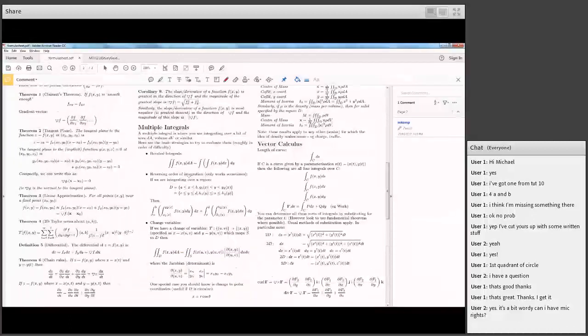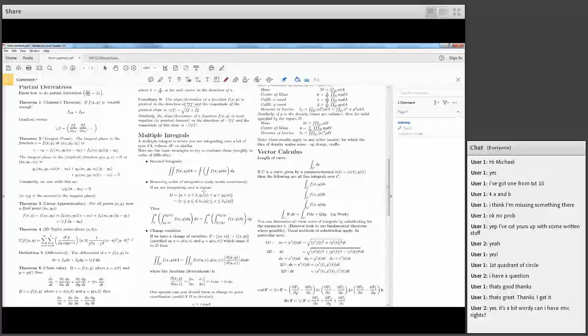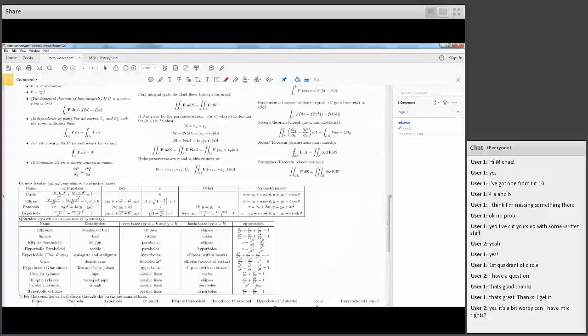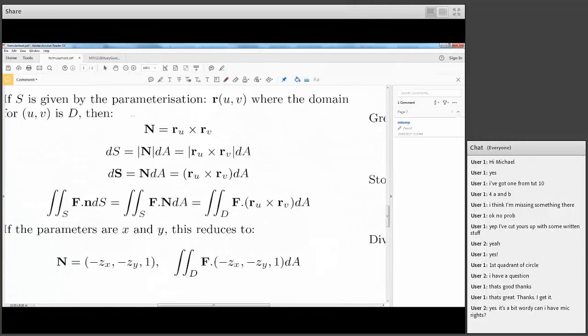These are the formulas on the formula sheet, so it's easy to pick it up from there. It's a special vector, the cross product of things, and in Cartesian coordinates it reduces to that very precise form. It's not a unit vector, which is why I don't use little n, but it's a particular normal vector which has special properties that are useful for us.